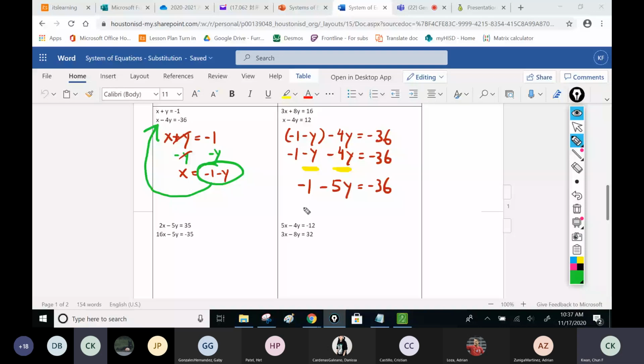And then if I want to solve for y, I have to first remove the -1, all right? So +1 on the left, +1 on the right. And then the last step is divide by -5 on both sides.